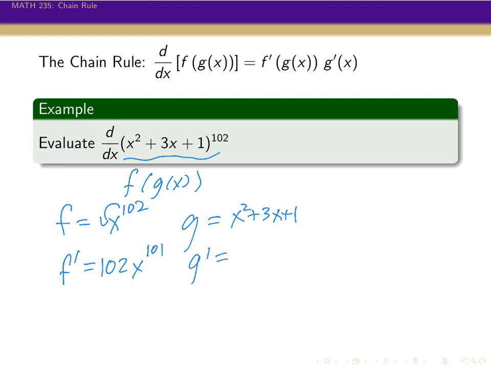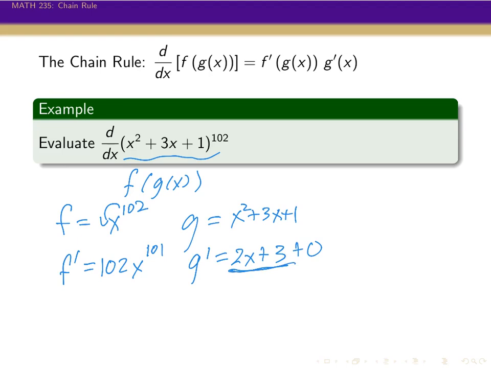For g prime of x, this is a quadratic, so it's a sum of x to a power, so I can just do these one by one. Derivative of x squared is 2x, plus the derivative of 3x, well the derivative of x is just 1, so there's going to be 3, and then the derivative of the constant gives me just 0. So g prime is really 2x plus 3.